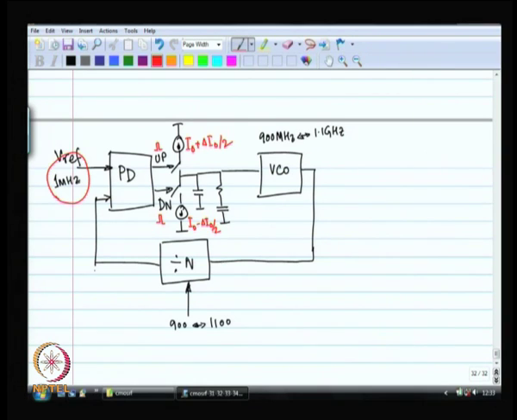Okay. As a result, some extra charge goes into the control node, and when the extra charge goes into the control node, what we are going to see is that the voltage is going to increase a little bit by this quantity.